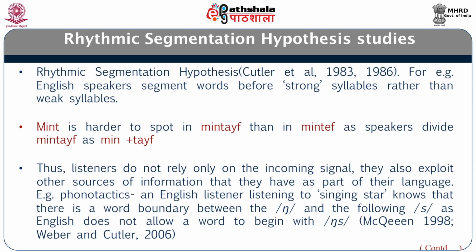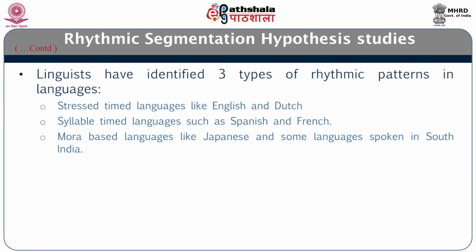Why? Because English does not allow a word to start with that sound. It has to occur only in word final position. And that's a very good signal. Where you hear it in English, you know that's the end of a word, and whatever else follows is a new word. So this is what we call phonotactics. You can use those kinds of phonotactics in listening processes.